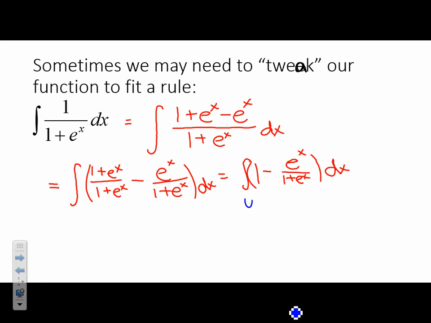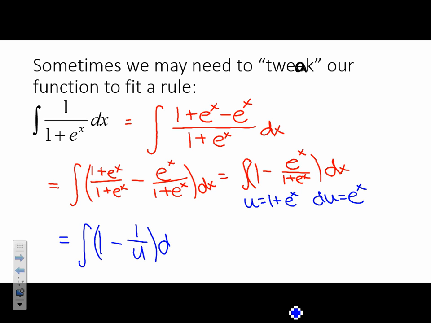What would we let u be? 1 plus e to the x, which means du is e to the x dx. So we have the integral of 1 minus 1 over u du.